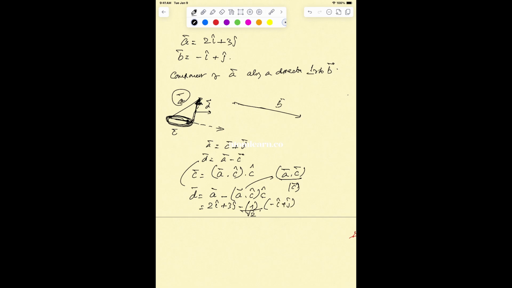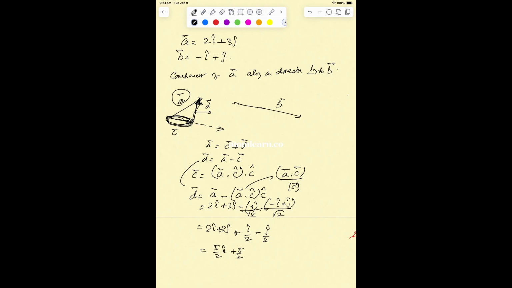Therefore 2 i cap plus 3 j cap minus 1 by 2 multiplied by minus i cap plus j cap. Therefore plus i cap by 2 minus j cap by 2. Therefore the final answer is 5 by 2 i cap plus 5 by 2 j cap.